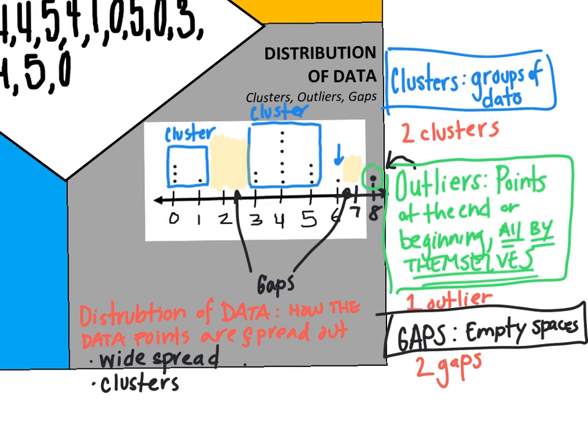Something that looks widespread would look like this, where you have them all over the place. You might have more or less, but you have them all over the place, where clusters would look something like this, where you might have some here, and then maybe some here. Those would be clusters. You'd have a cluster here and a cluster here. So that's the difference between the distribution of data.